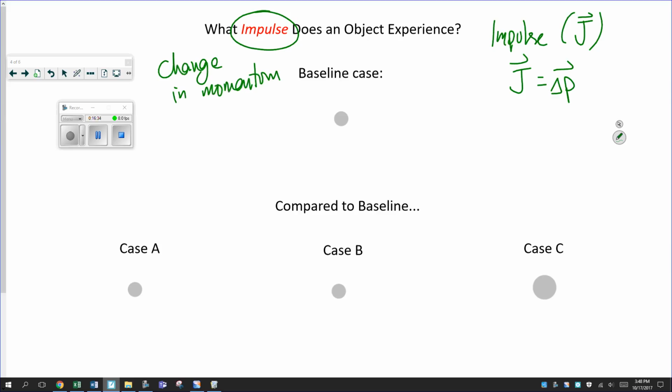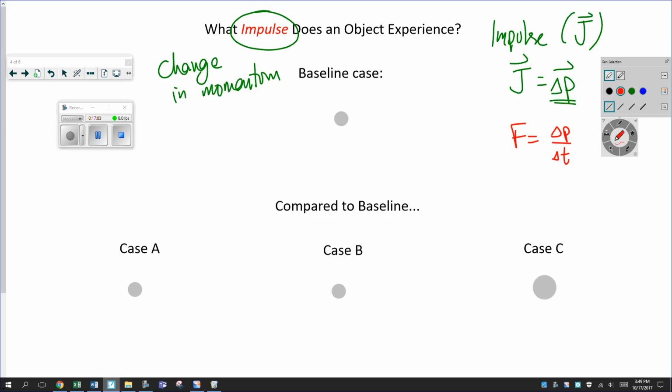All right, so let's define a baseline case and ask, what impulse does an object experience? Well, first of all, that depends. What change in momentum will an object experience? It depends on a couple of things. Let's go back to our new definition of force: force is the rate of change of momentum.